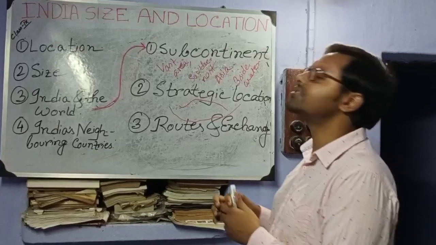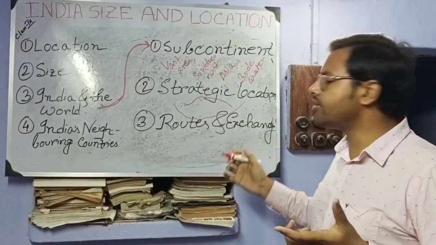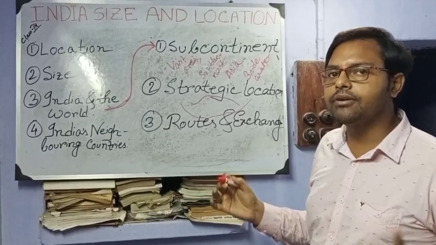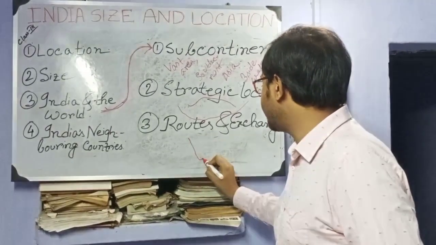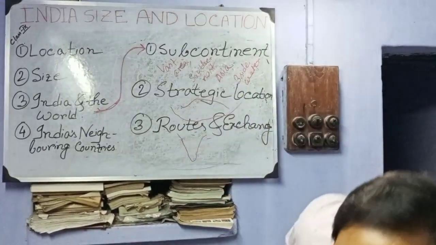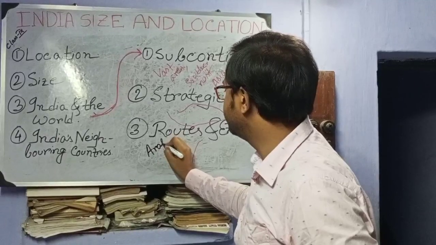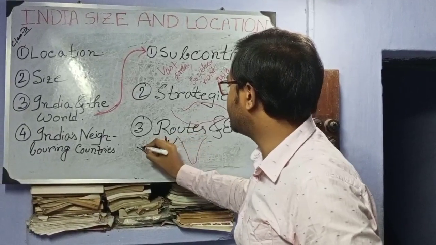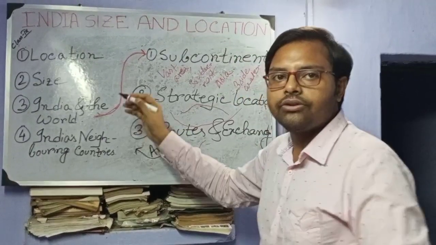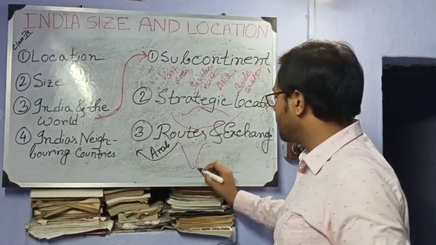And the third one is routes and exchange. As an oceanic part, there are easily exchangeable routes. Different types of routes are there. India is the southernmost part, and here the Arabian Sea, there we can connect to the western countries and Central Asia also.